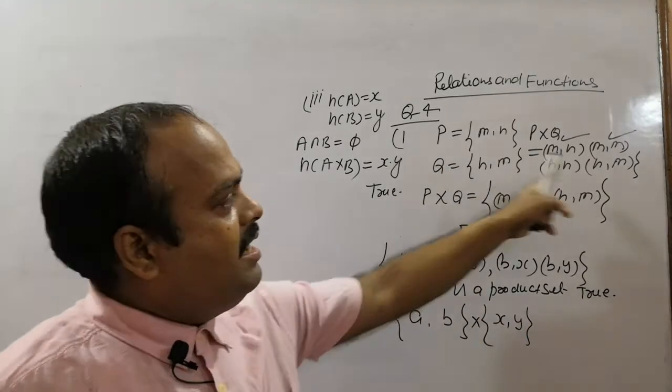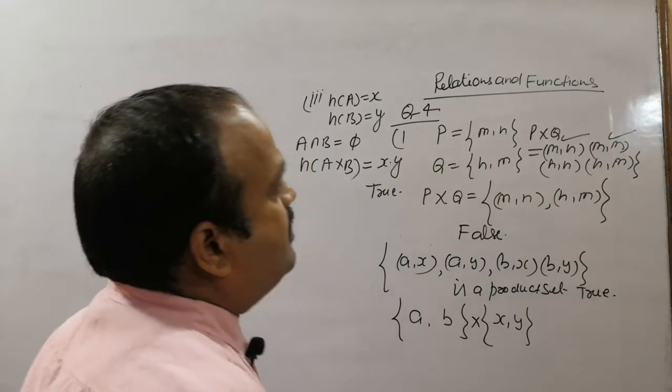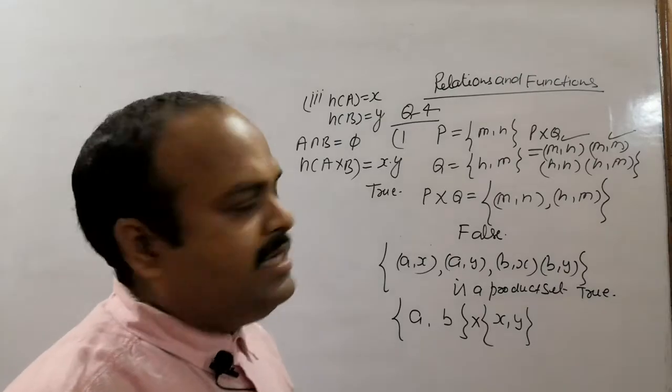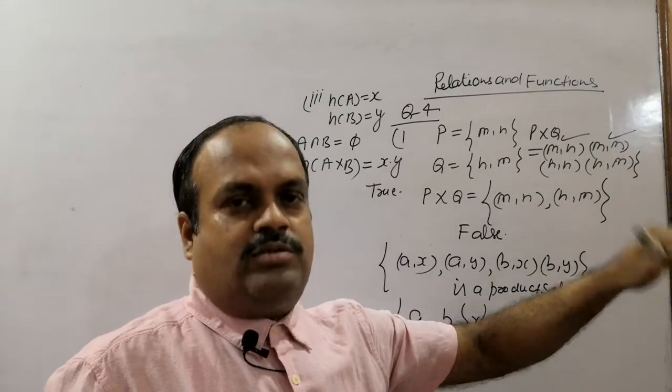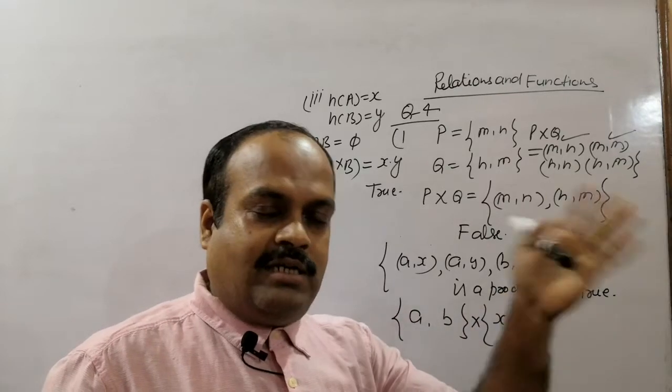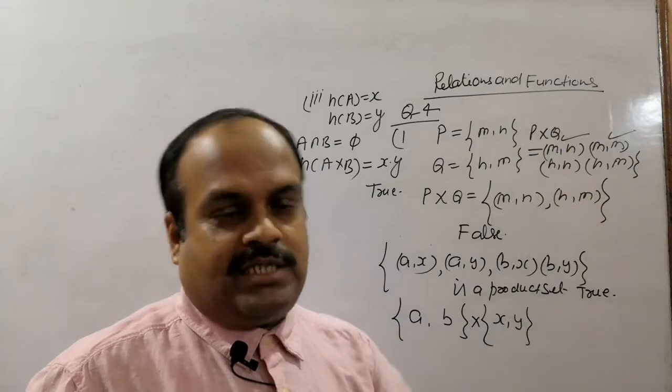Next one. So here altogether we are getting 4 elements, 2 into 2, 4. If we see that an ordered pair is repeating, you know that while writing the set, we do not write an element twice.